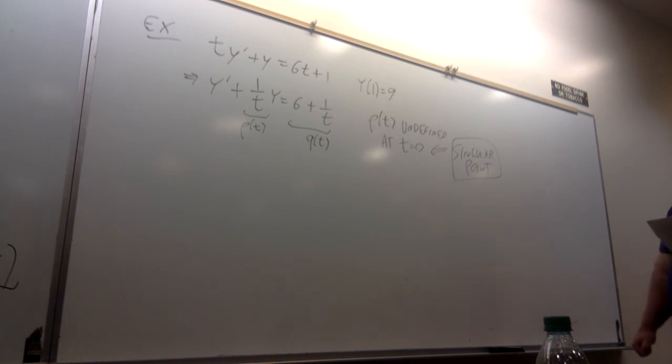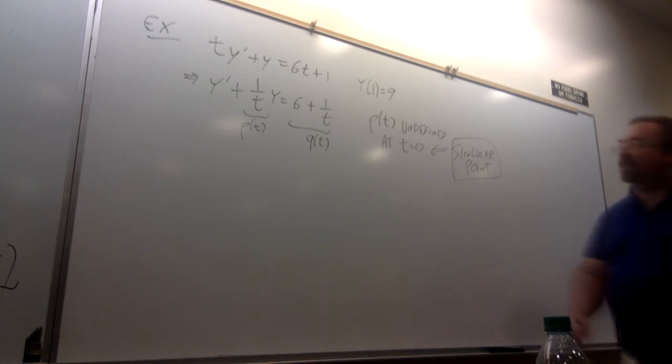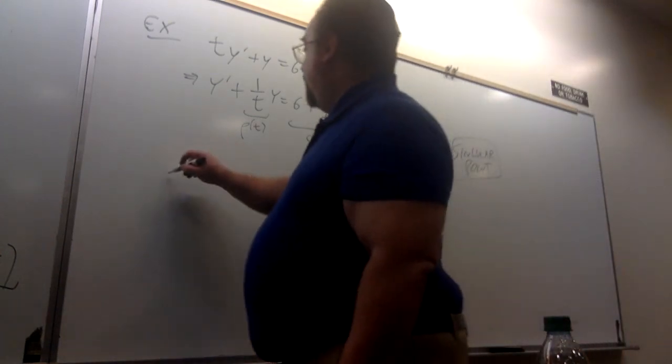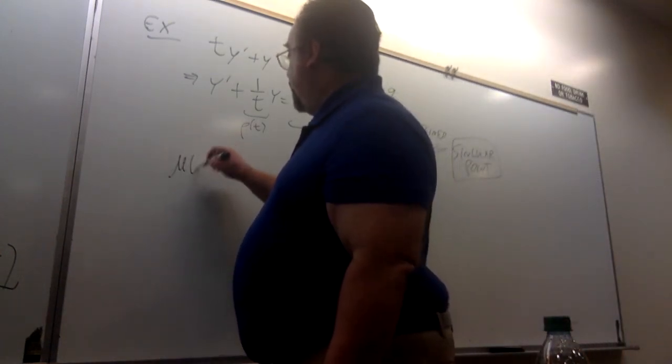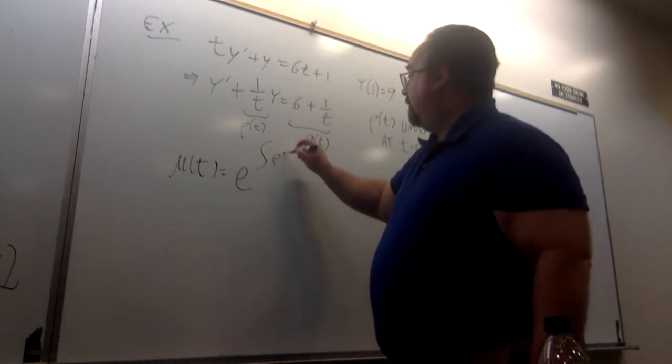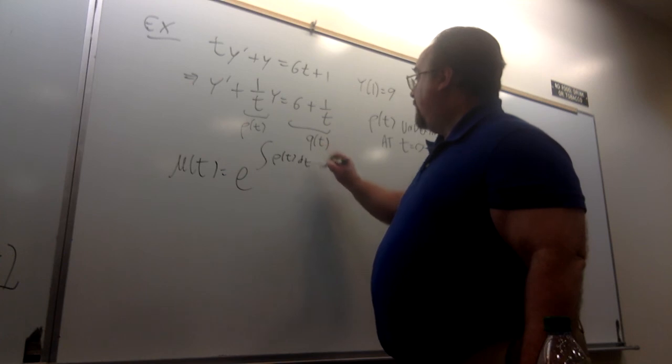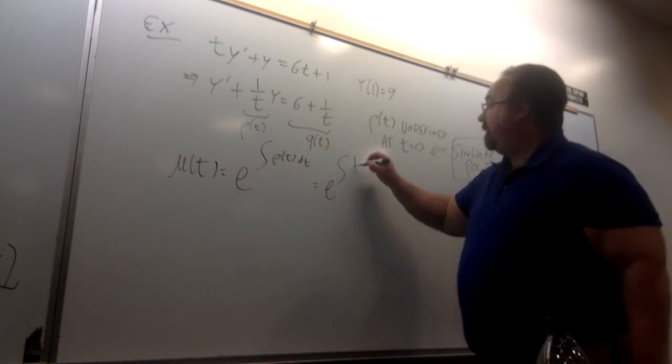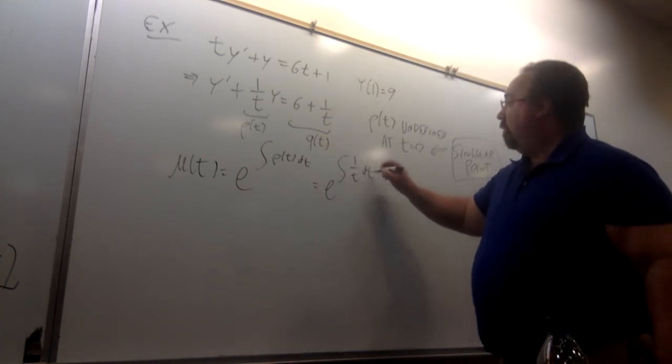Okay. Now, the p of t we actually dealt with in the previous example. So the integrating factor would be e to the integral of p of t, so e to the integral of 1 over t.